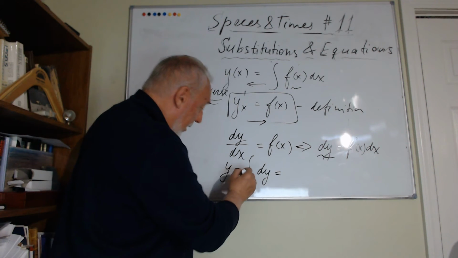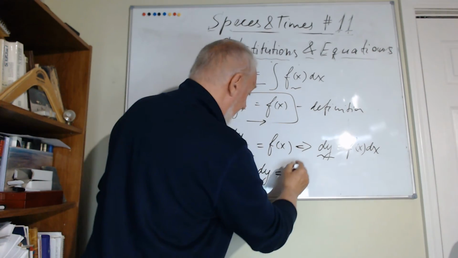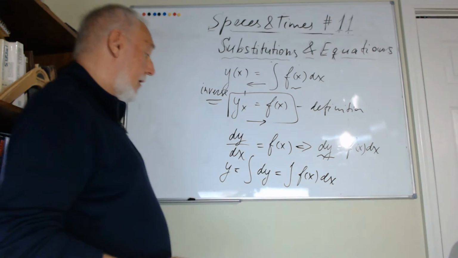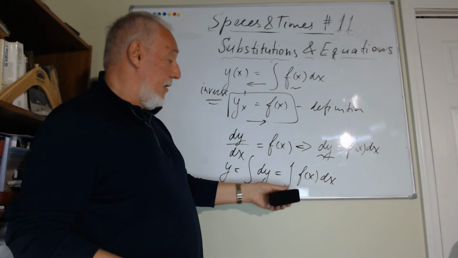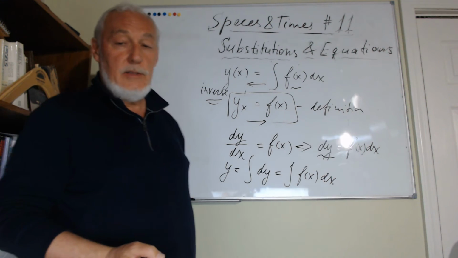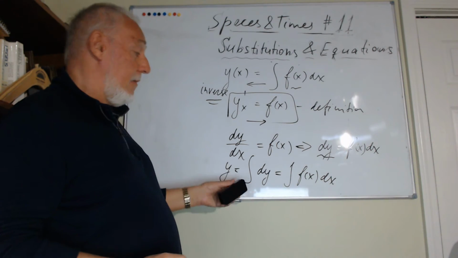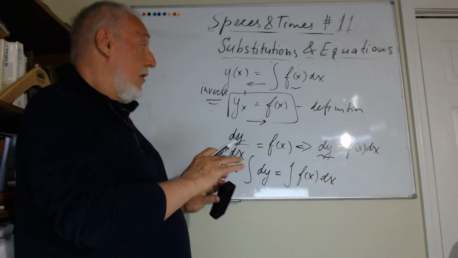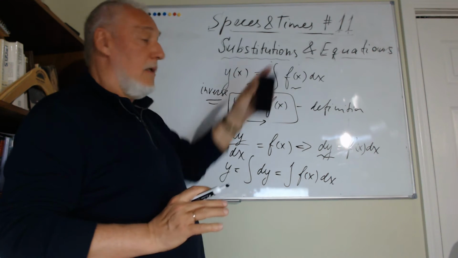So y equals the sum of dy, but dy here is f(x) dx, so it is the integral of f(x) dx. So that's why we have the formula. This is the infinite sum of infinitely small differentials dy, and this is y. So think about it, and you'll understand the deep connection between derivatives and integrals.